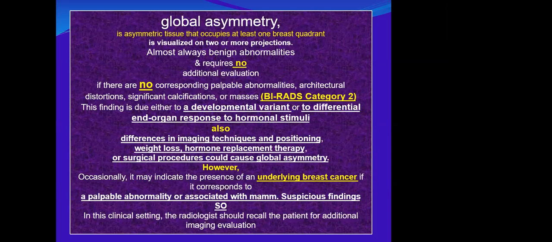However, occasionally it may indicate underlying breast cancer, especially if there is an associated palpable abnormality or suspicious mammographic features. In these clinical settings, we should recall the patients, and additional imaging evaluation should be performed.